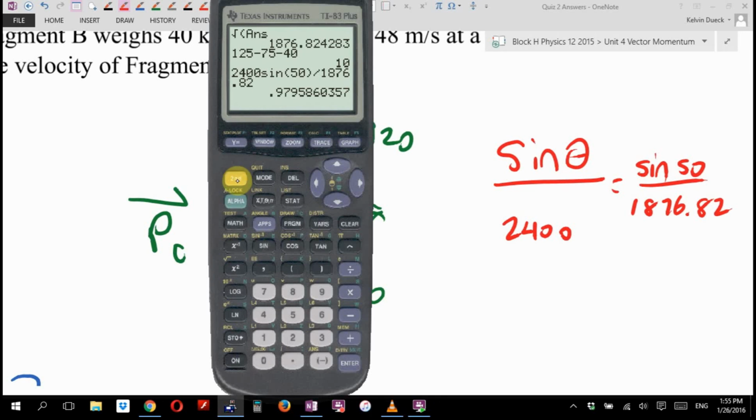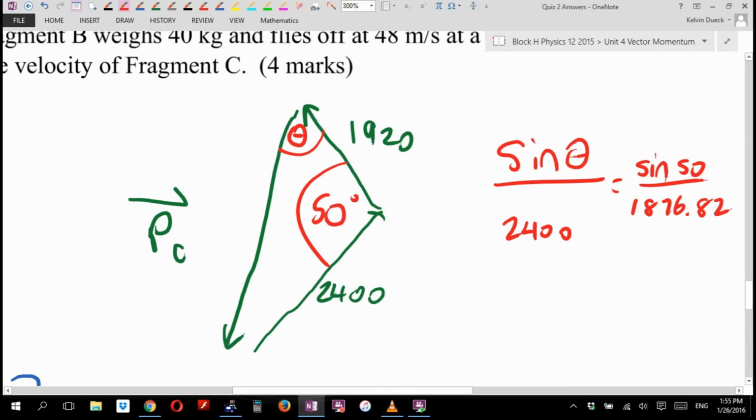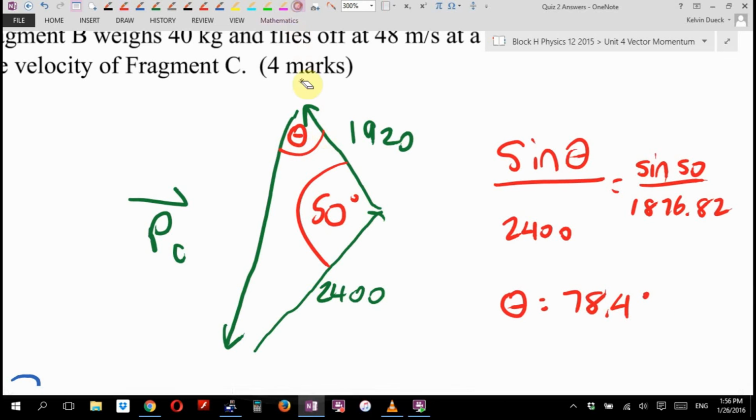Shift sine of that. I get 78.4 degrees. Is that right? That looks okay with my roughly to-scale picture. I'd be worried if it said 10 degrees. I'd be worried if it was bigger than 90, because it's not that.